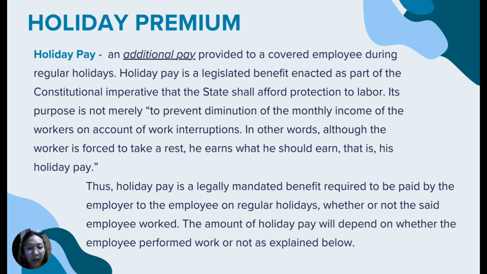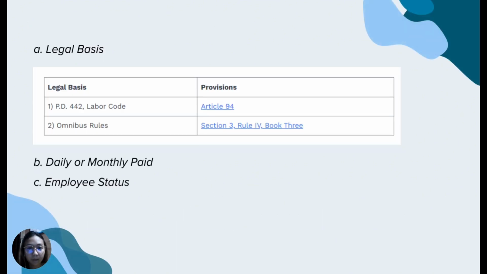The amount of holiday pay will depend on whether the employee performed work or not, as explained below. So, the legal basis. First is Article 94, right to holiday pay.